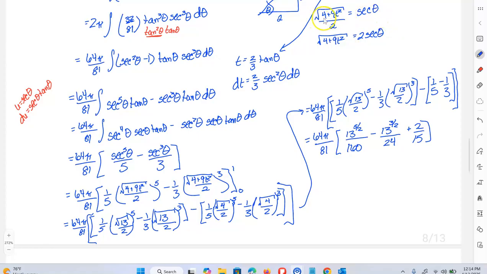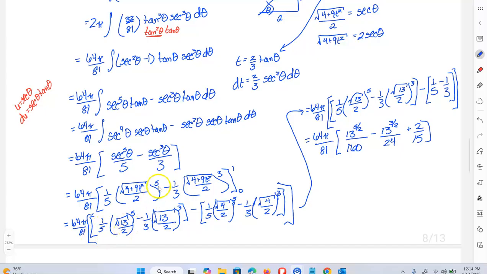Secant is equal to square root of 4 plus 9t squared all over 2. So I substituted that in for the secant. So I've got 1/5 times that substitution to the 5th minus 1/3 times that substitution to the 3rd. And so from there, I went ahead and wrote everything out. This is going to give me that final answer for that definite integral.